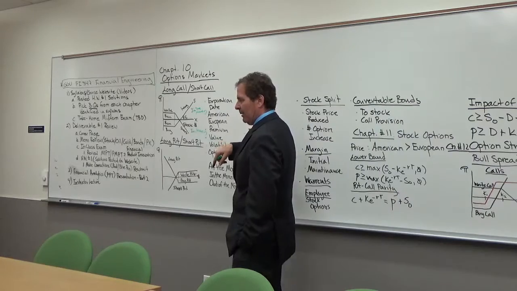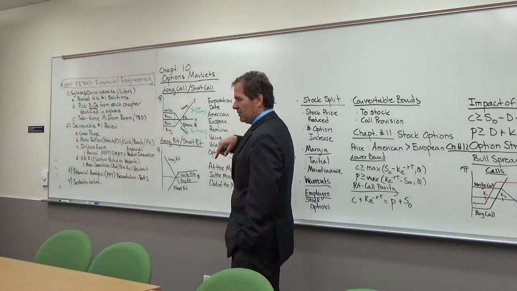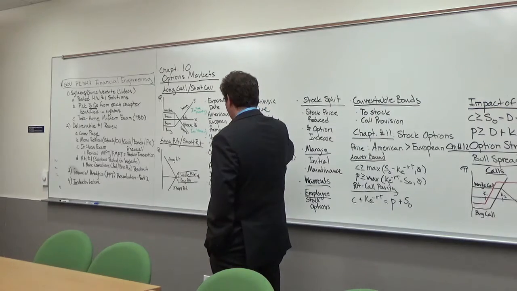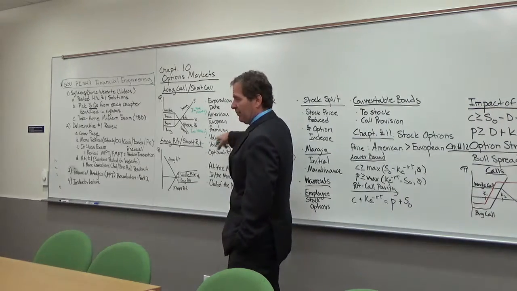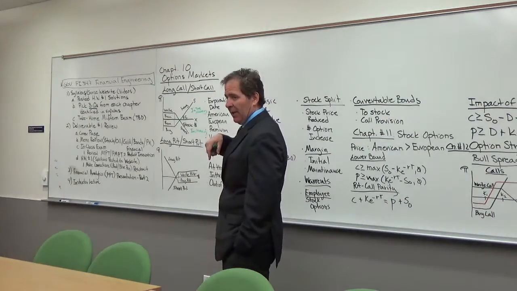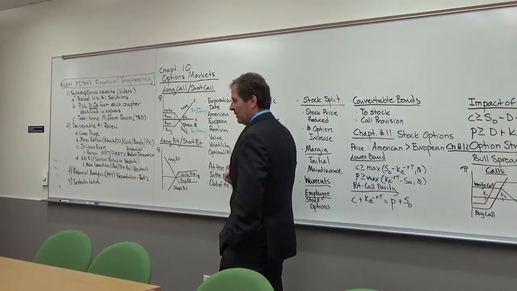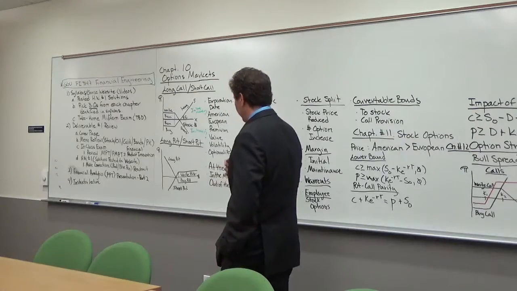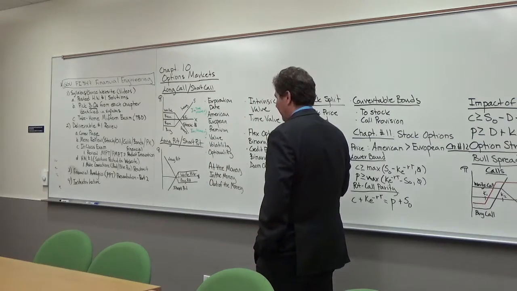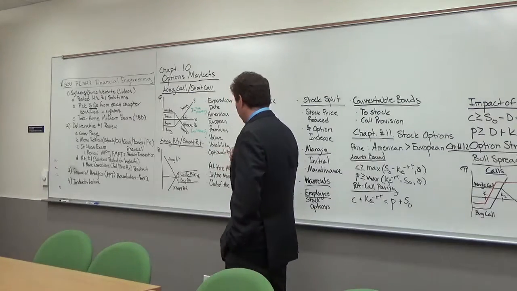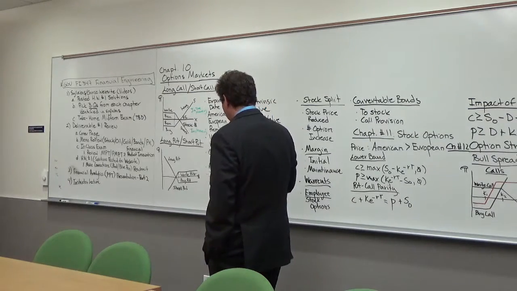You're going to pay a premium when you go long the option contracts. When you buy the put or buy the call, you pay the premium, and you're going to receive the premium if you write the option contracts. You can determine the value of the option using the Black-Scholes model, which I'll go over next week.